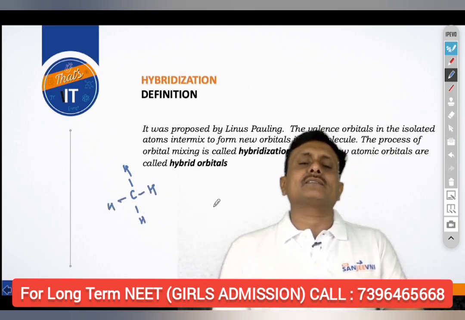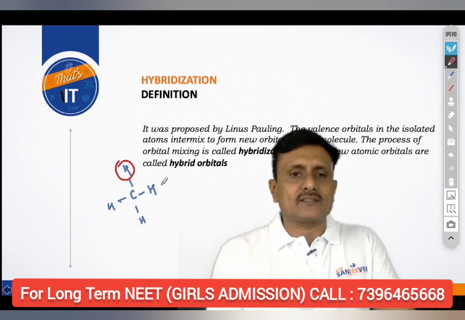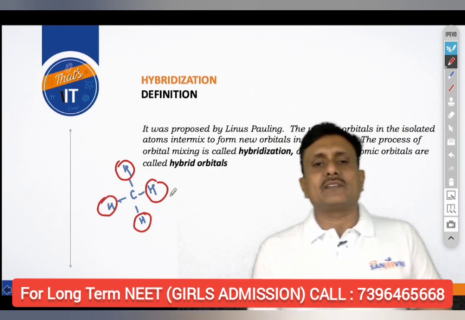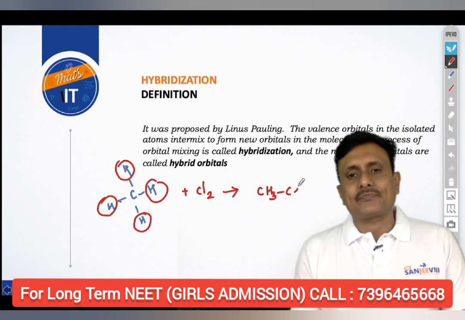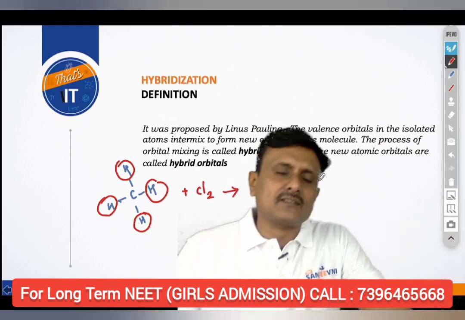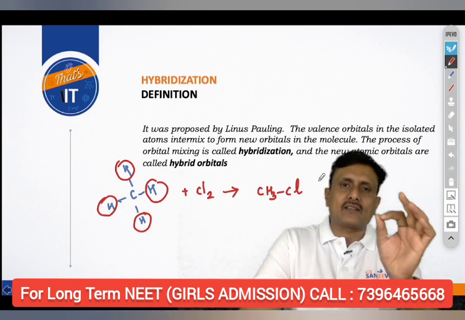Now the question arises which hydrogen needs to be chlorinated. Suppose I am interested in chlorinating the methane molecule. When I do the chlorination, I would get methyl chloride, isn't it? So the question arises here, which hydrogen would be replaced?